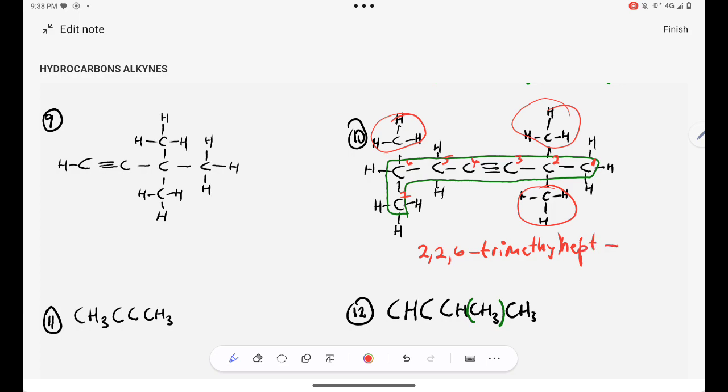The triple bond is between carbon number 3 and 4, so I'll write 3 because 3 is smaller than 4, and the suffix will be yne. That's 2,2,6-trimethylhept-3-yne.